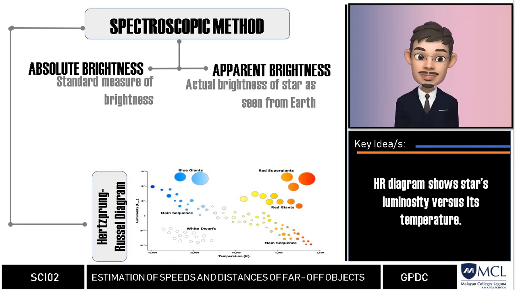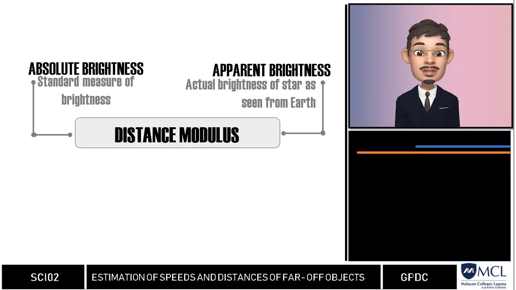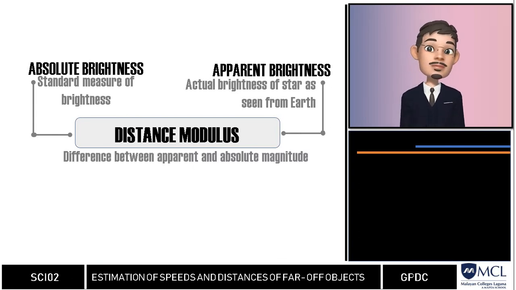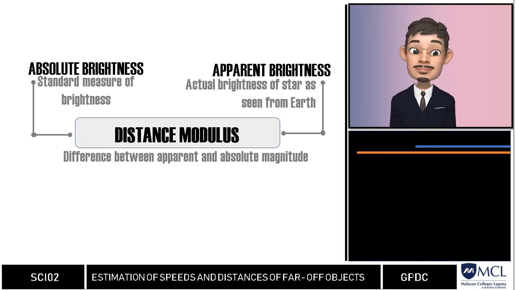Then, their magnitudes are compared, where the difference is called the distance modulus. This distance modulus, or the difference between apparent and absolute magnitude, which we represent as small m minus big M, is the direct measure of the distance of the star.